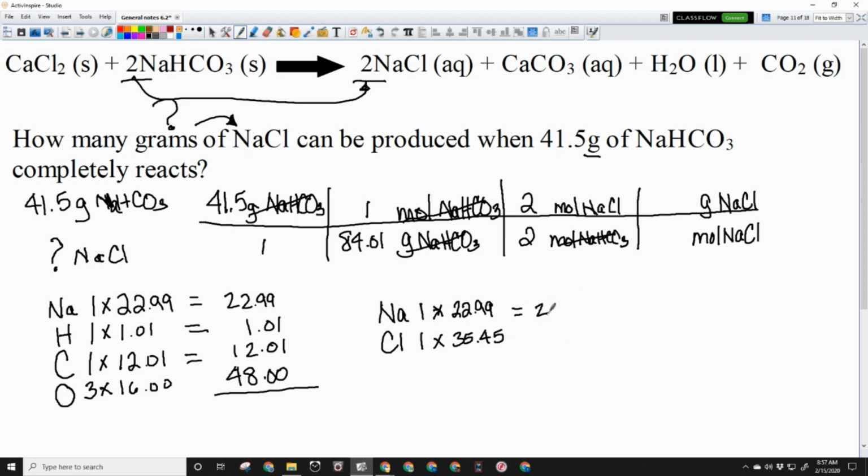So we have 22.99 plus 35.45. Add those together, we get 58.44 grams per mole. So for 1 mole, it's 58.44 grams.